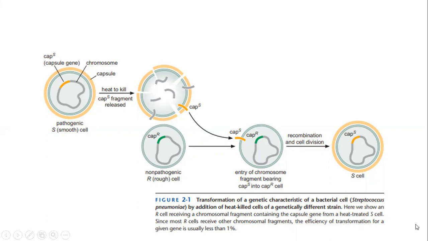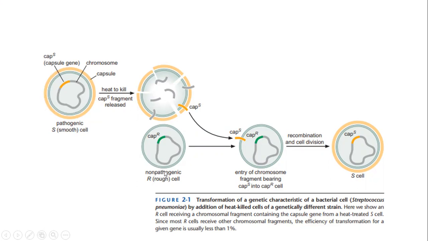Here, in this picture, they have shown that experiment. This is a pathogenic strain of Streptococcus pneumoniae because it has a capsule around its body, and inside we can see the chromosome carrying the Cap-S allele, which is responsible for the production of the capsule, so the cells appear smooth and are pathogenic.